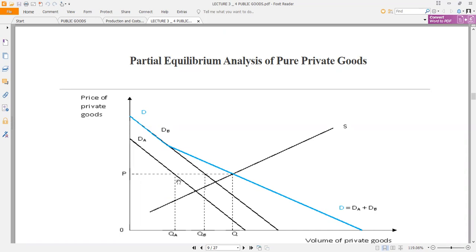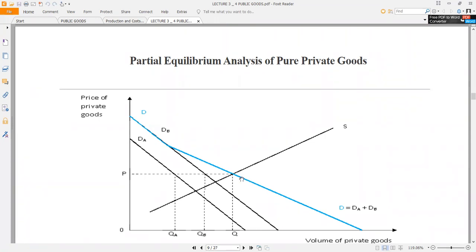So individual A is buying quantity QA. Individual B is buying quantity QB. So this is the individual demand for consumer A. This is the individual demand for consumer B. But then when you go to the market, you have equilibrium in the market, when the market demand is equal to the market supply curve.